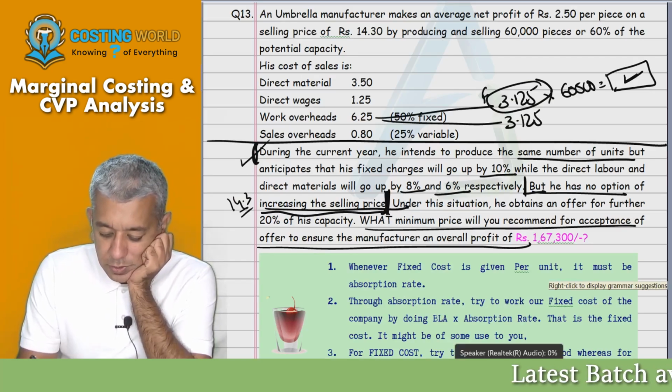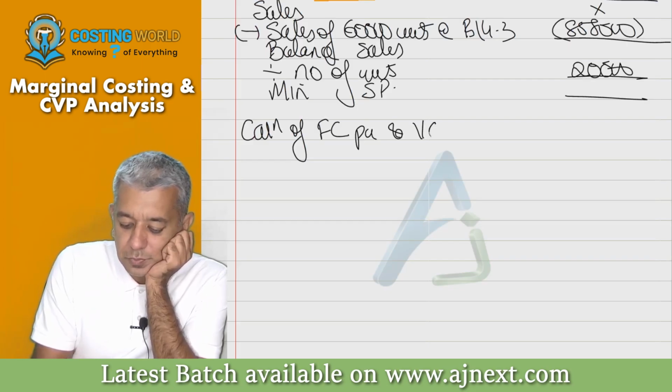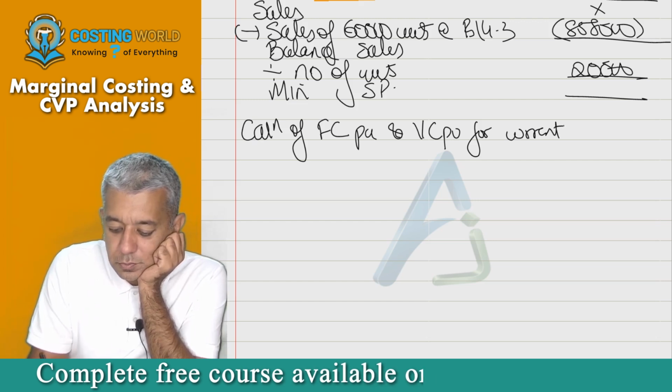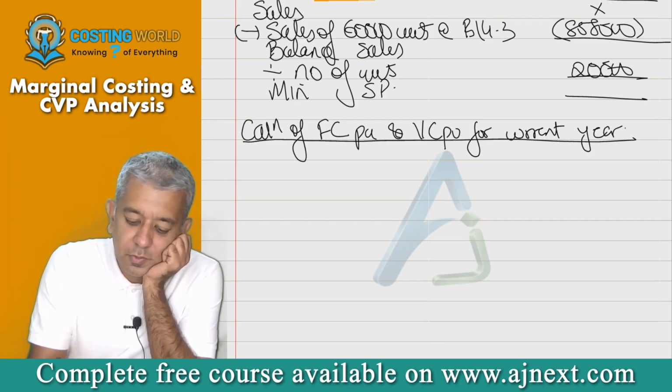Write down please: calculation of fixed cost per annum and variable cost per unit for current year.